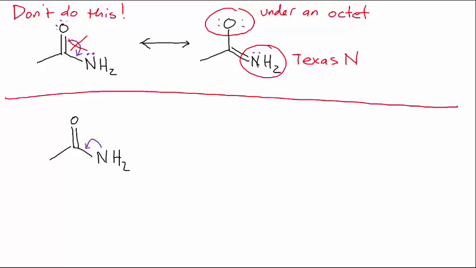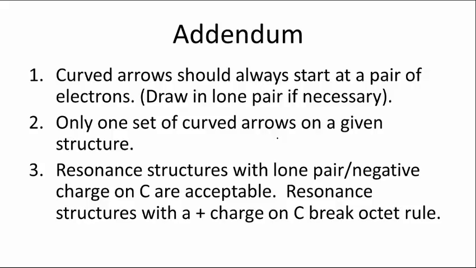So what I want you to do is draw in the lone pair and start your arrow at the lone pair and say, okay, it's this pair of electrons that's moving, and then the pi bond is moving up onto oxygen. All right. So draw in the lone pair, and you get your alternate resonance structure like this. You don't need to draw in every lone pair on the structure. That's not necessary. But when you start an arrow at a lone pair, draw that lone pair in. All right? That's the first point I wanted to bring up.